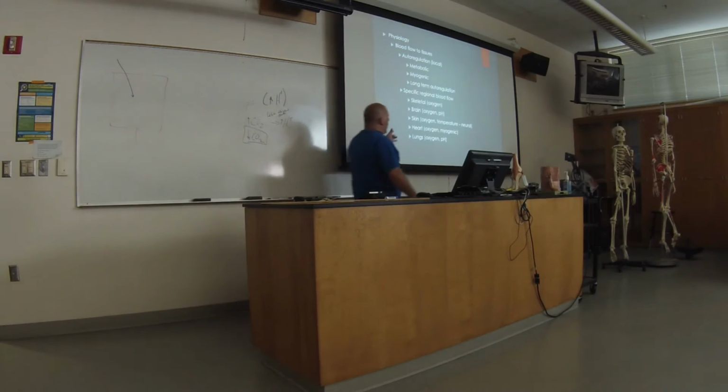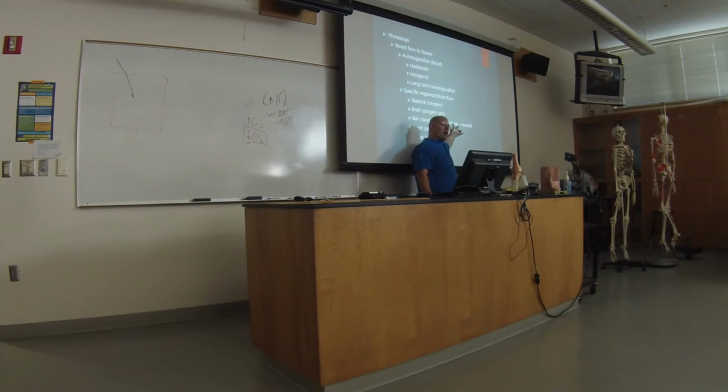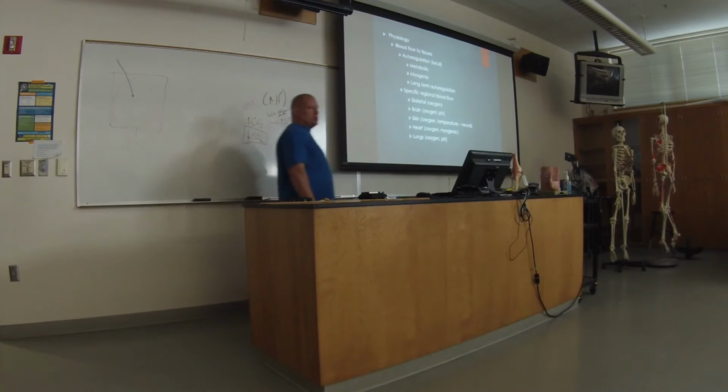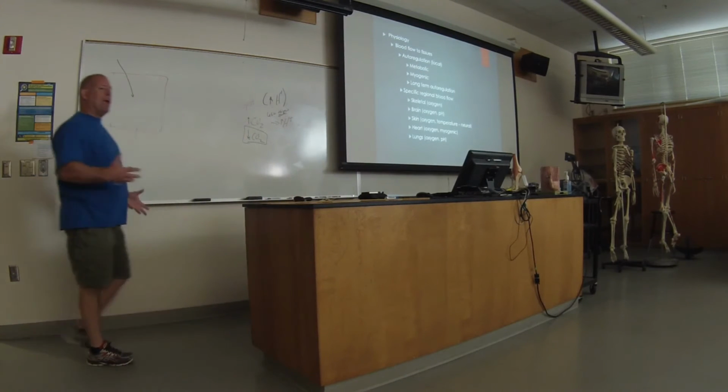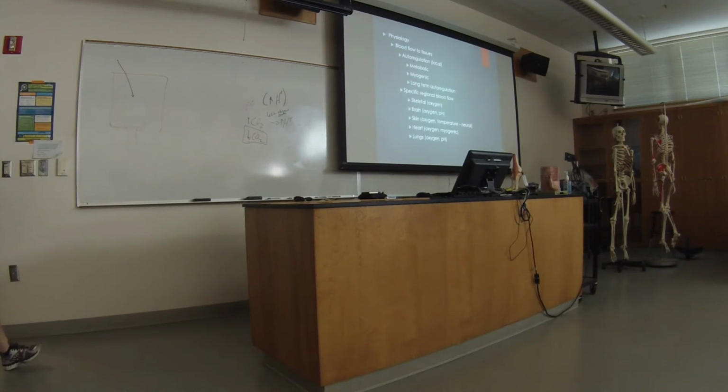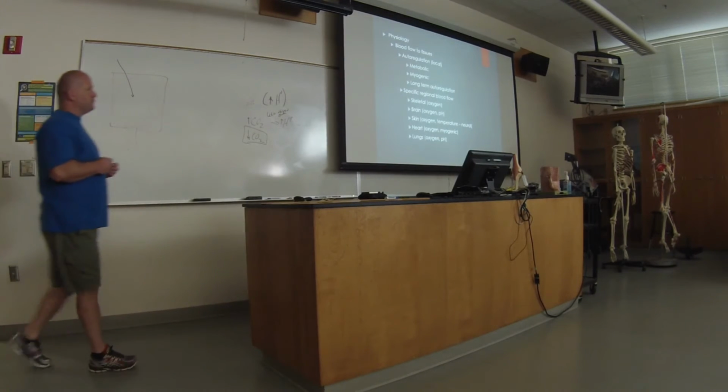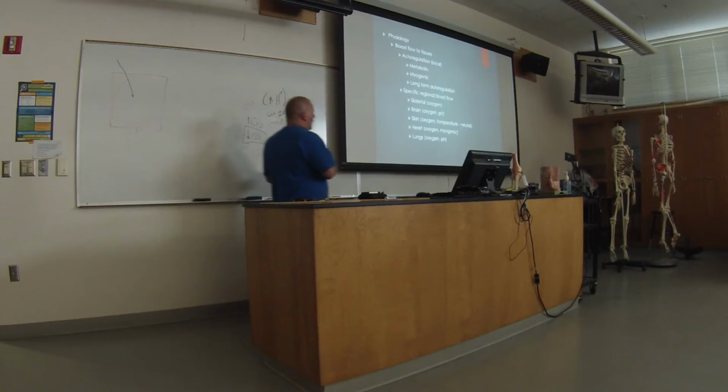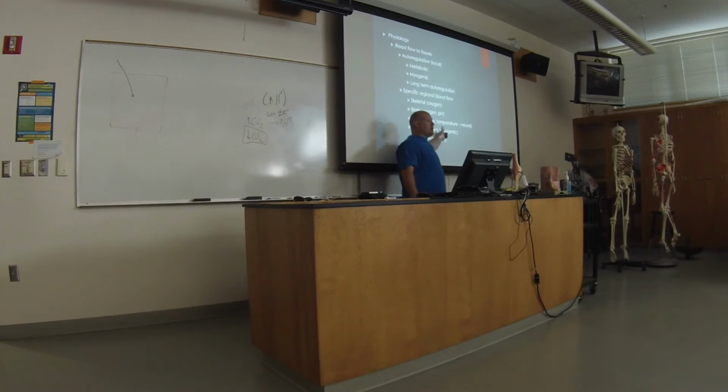Skin, predominantly temperature is the big driver of skin blood flow. Oxygen to a much smaller degree, but those are the two main things that drive that particular blood flow. Heart, oxygen and myogenic.